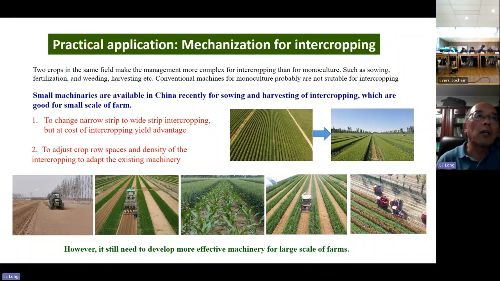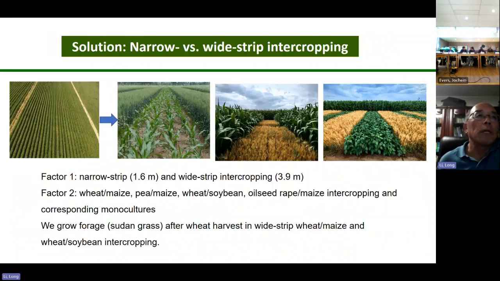So we adapt the crop row spacing and the density of the intercropping to fit the existing machinery. Like the picture showed, narrow compared to wide strip intercropping. Last year and this year we conducted a field experiment.